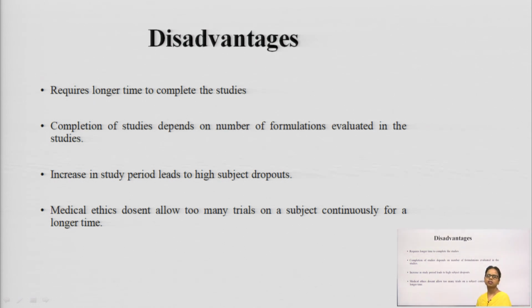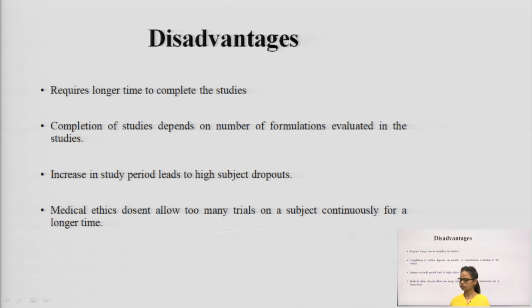It means medical ethics generally belongs to clinical trials or non-clinical trials. In medical ethics, too many trials on a single subject cannot be allowed. So we have to take into consideration that these disadvantages should be avoided during this study.